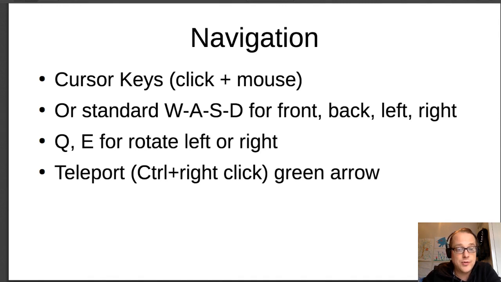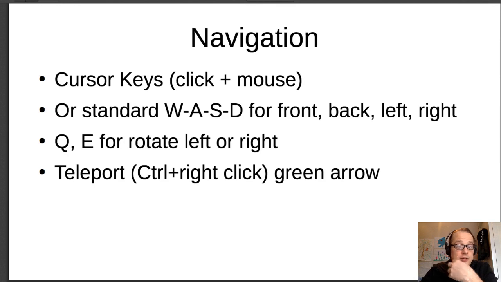You can also use the cursor keys or the WASD keys on your keyboard to navigate to the front and back, left and right. Then next to the W key, there are the Q and the E. These two buttons you can use to rotate to the left and to the right.